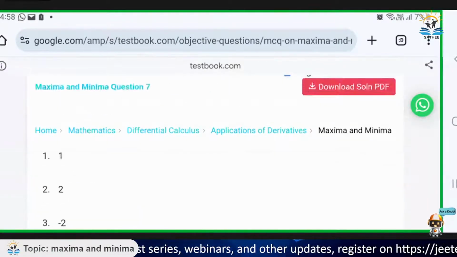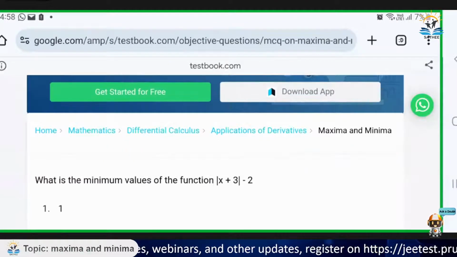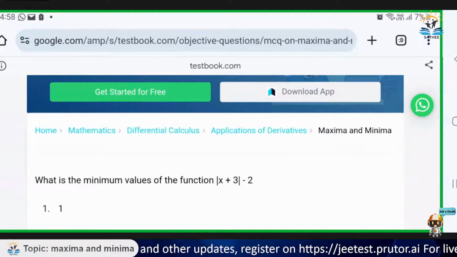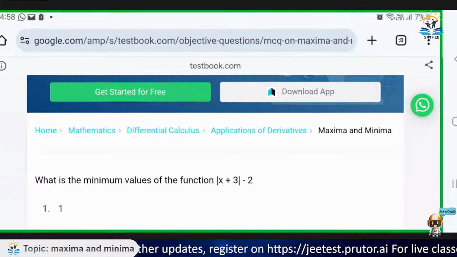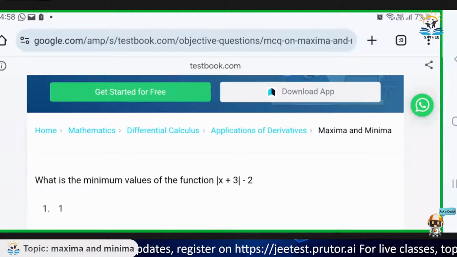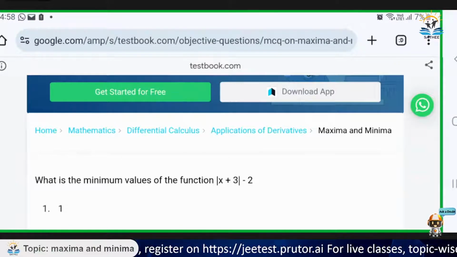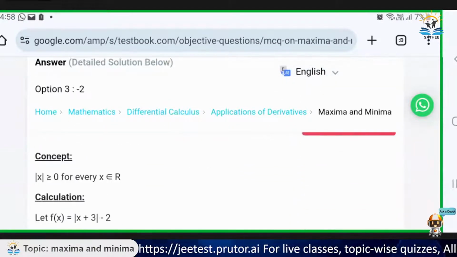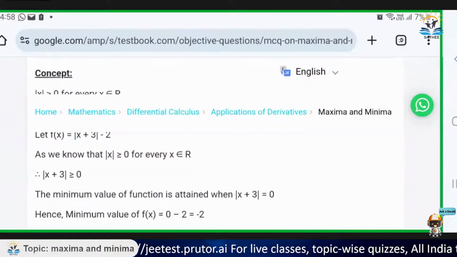So we substitute the value x equals minus 3 here, and we get the minimum value of the function as minus 2.